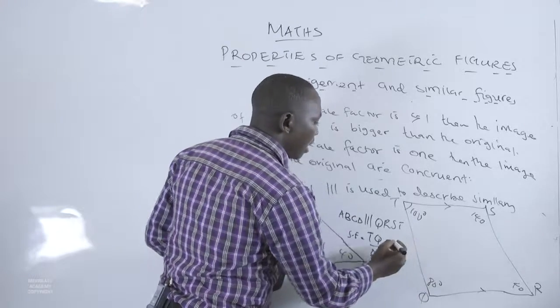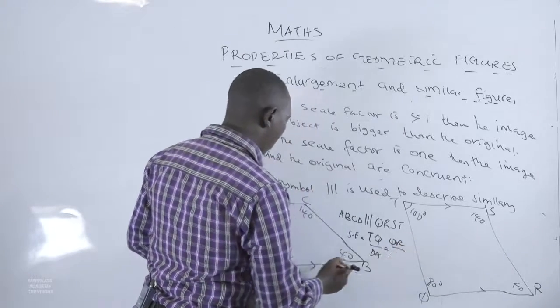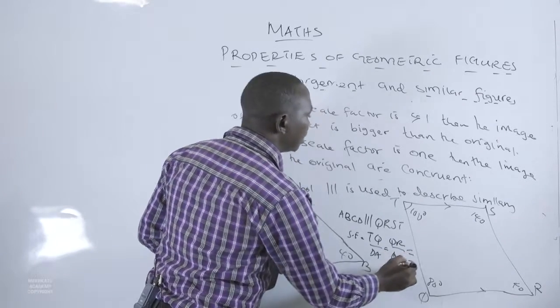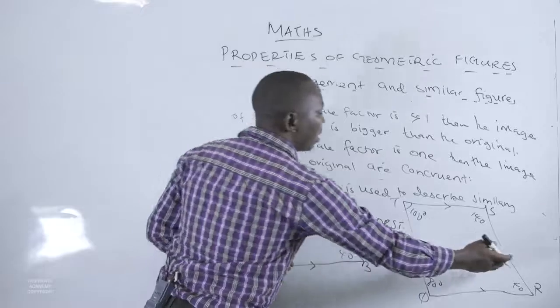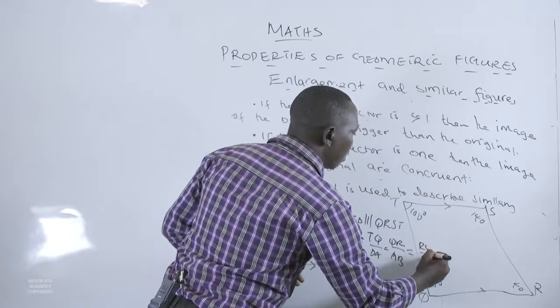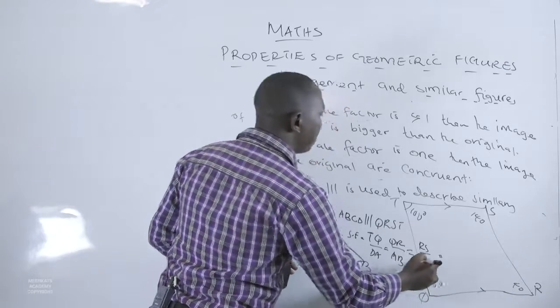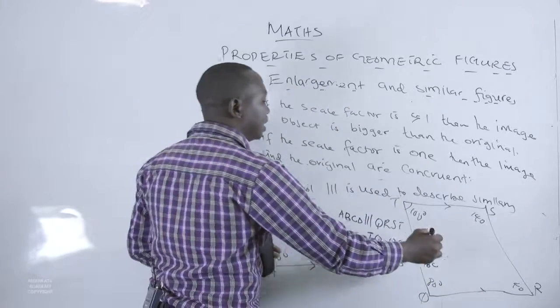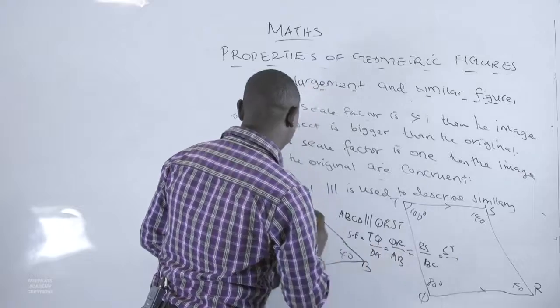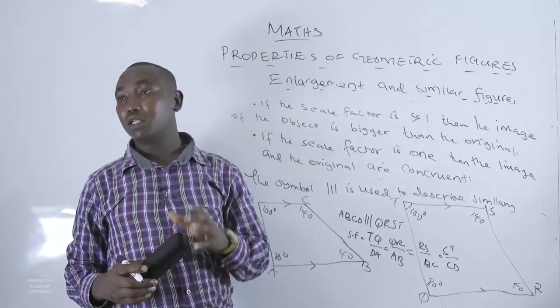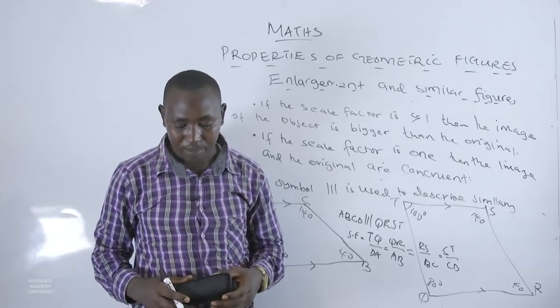We can take QR over AB, which is equal to, taking another pair, RS over BC, which is equal to ST over CD. Those particular sides correspond to one another.